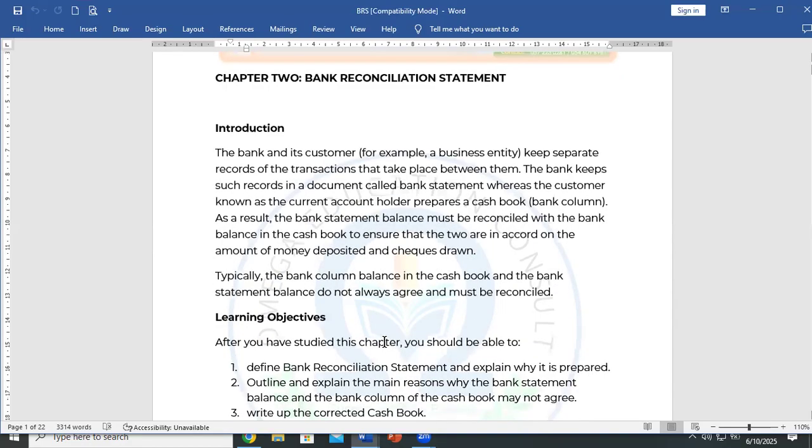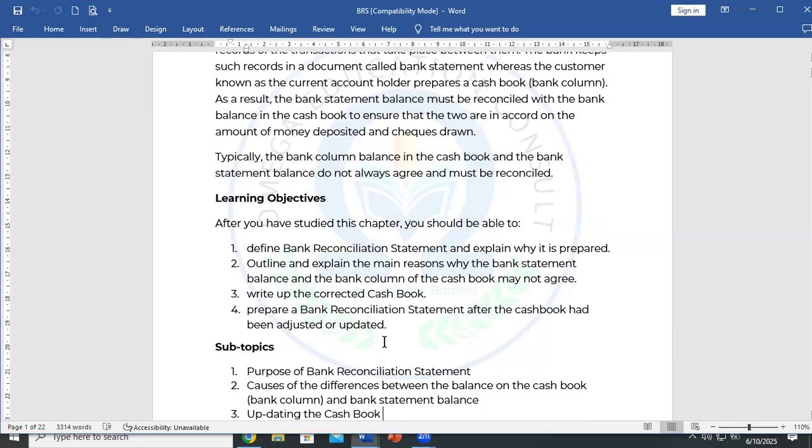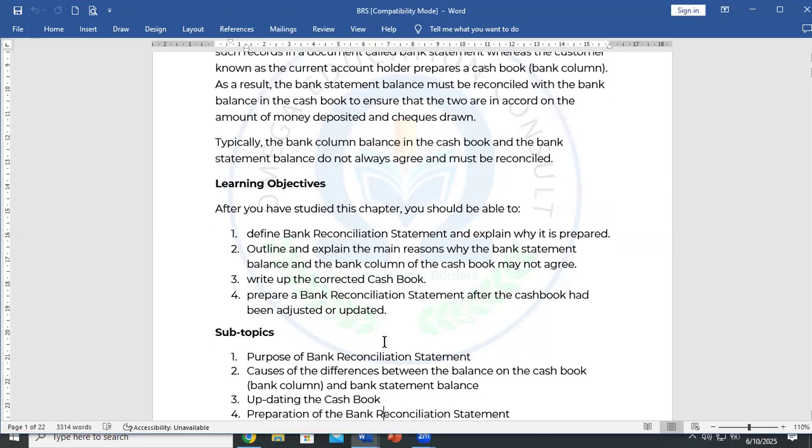By the end of the lesson, I expect that you can define a bank reconciliation statement, explain the reasons why the two balances disagree, then write up or adjust the cash book as well as prepare the reconciliation statement.